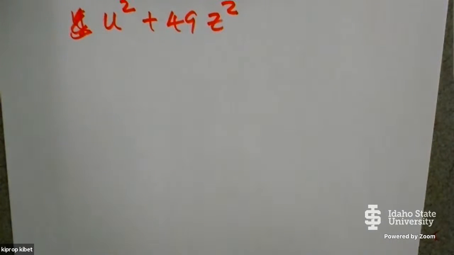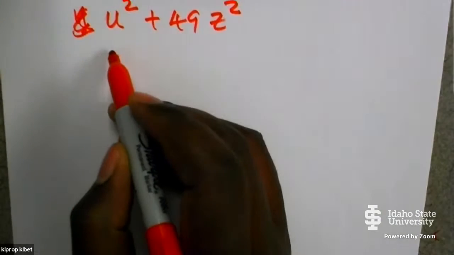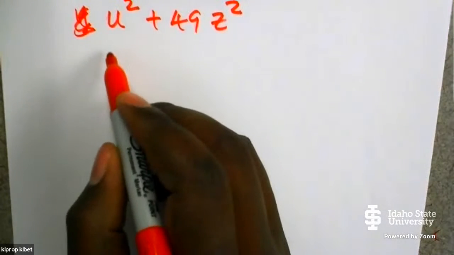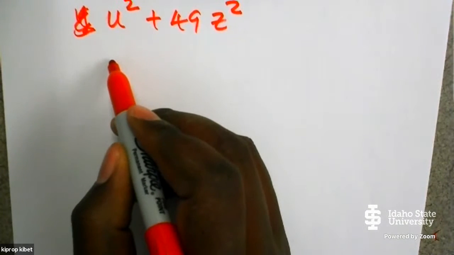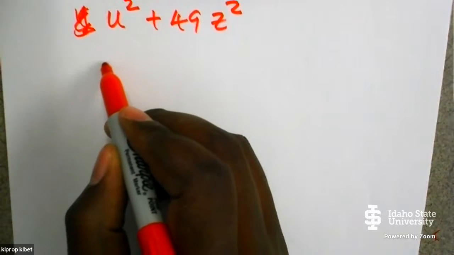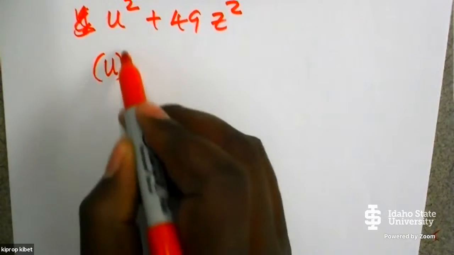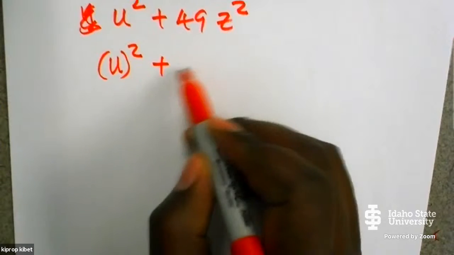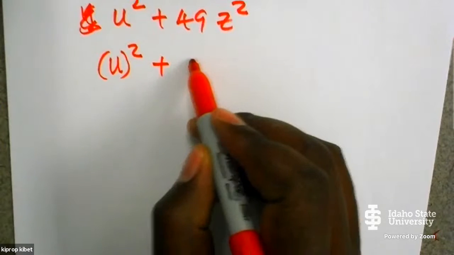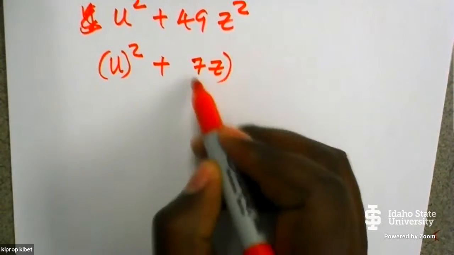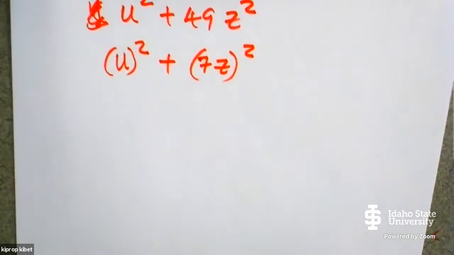Looking at this, remember how we were doing the factoring for the difference of squares? u can be similar to that, and then plus 7z, and then squared, right?